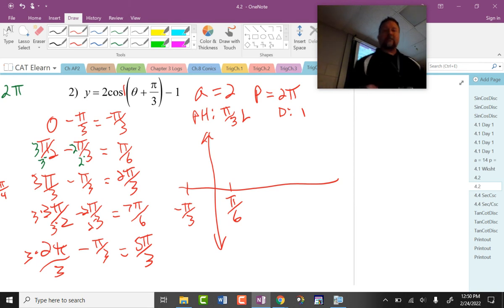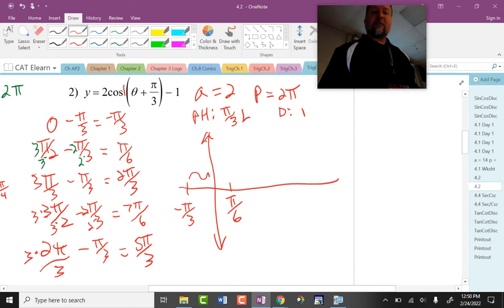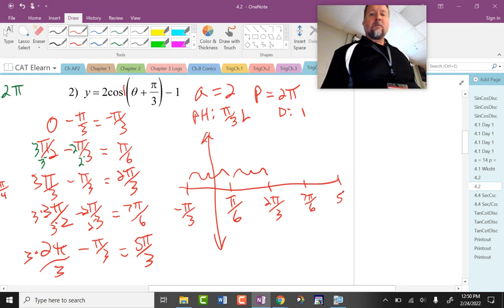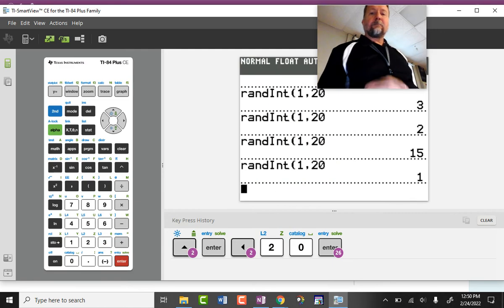So this total distance from here to here, I probably should write that, is the same as this distance from here to here. 2 pi over 3. And now that I see that distance, that should be about the same. So you really got to work on your neatness here so your graphs aren't too awkward looking. 5 pi over 3.